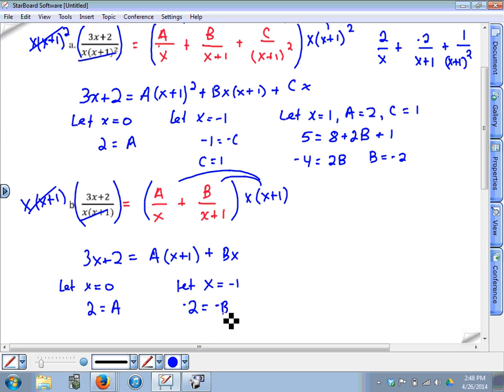Negative 1 times B is negative B. Actually, let me backtrack here. If x equals negative 1 here, then this is a negative 1 there. So B equals positive 1. So these partial fractions would be 2 over x plus 1 over x plus 1.